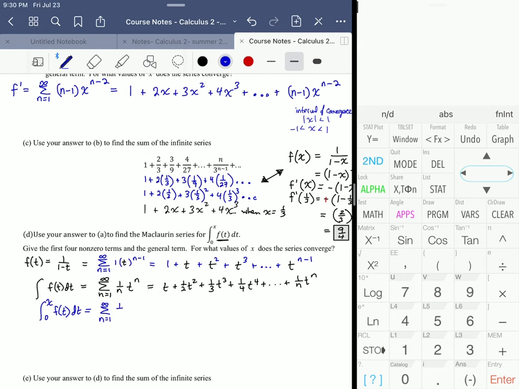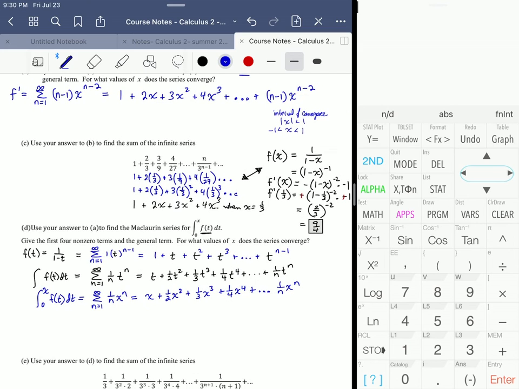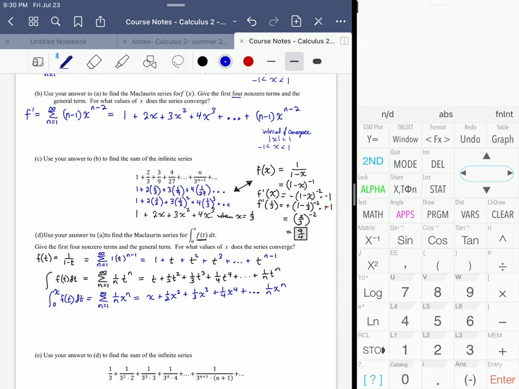But this gets into the idea that you'll explore more in Calc 3 involving changes of variables. All right. So we're in good shape now.